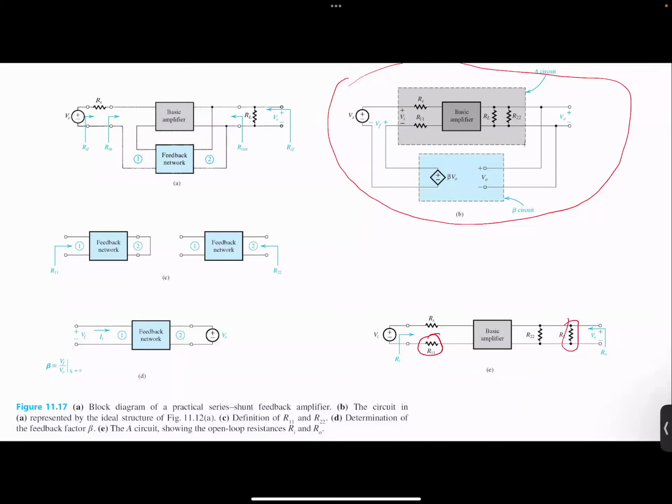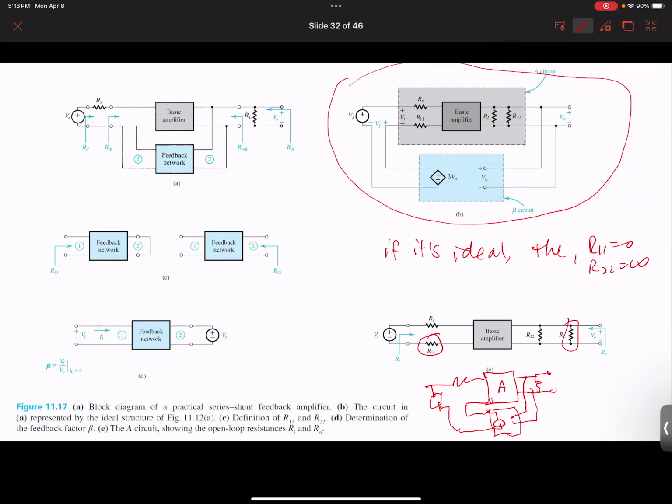If you want to add the feedback, you simply break the circuit over here and bring in the feedback, which is that. So this is very simple. This is your basic amplifier, this is your feedback, and this is like ideal feedback. The only thing is that we now have R11 and R22.